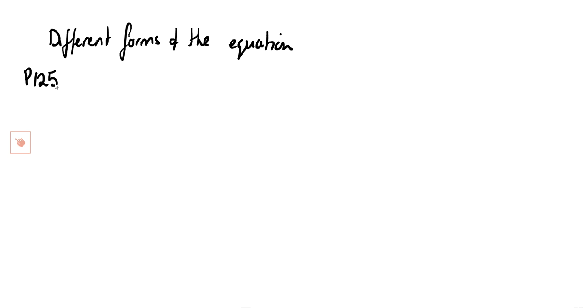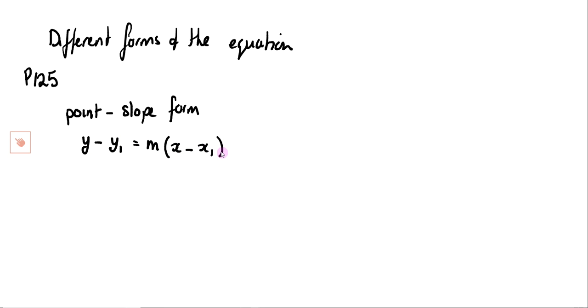Slope, intercept. Okay, so point and gradient is just a point and a gradient. It's not a form of the equation yet. But we've got point and slope form of the equation, and that looks like y minus y1 equals m times x minus x1. So we need to look at how we would get that.